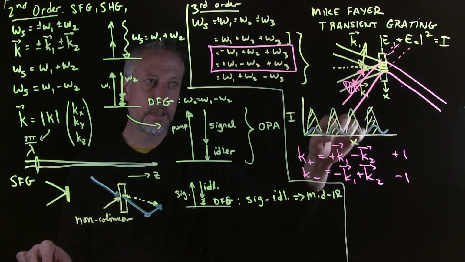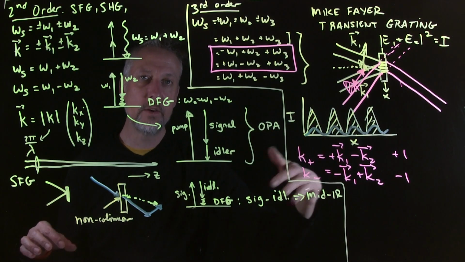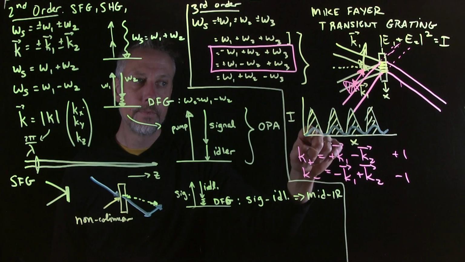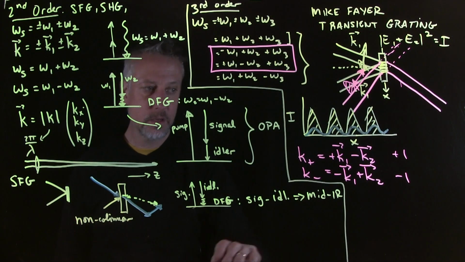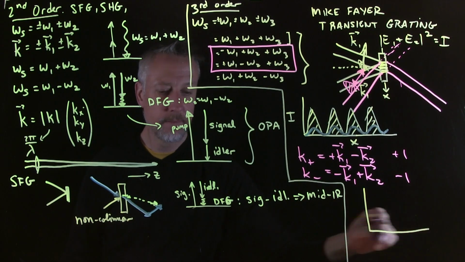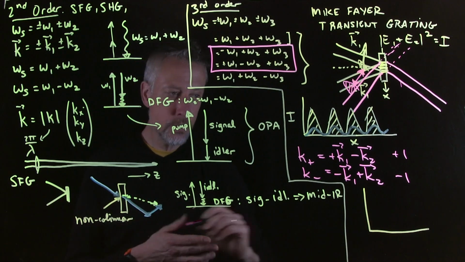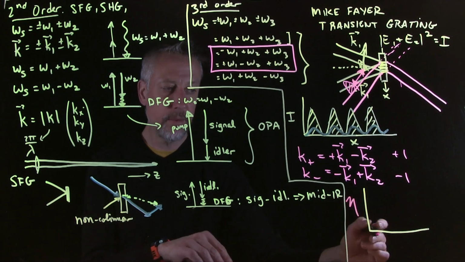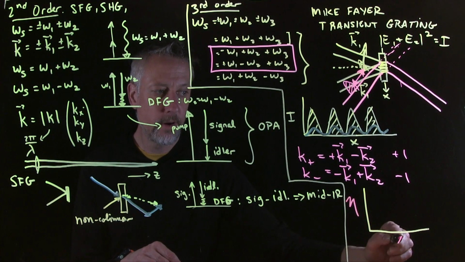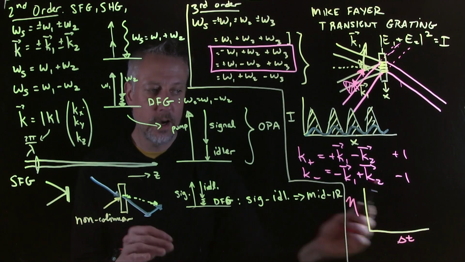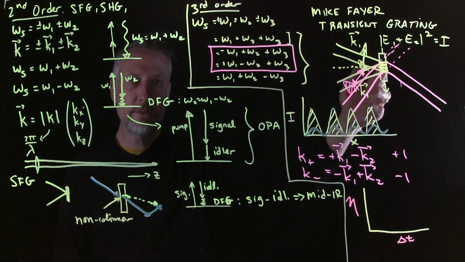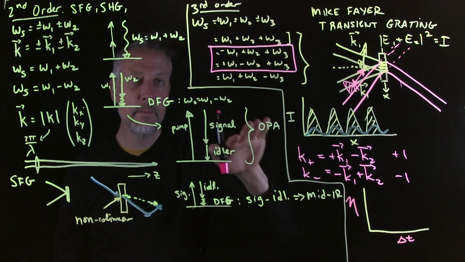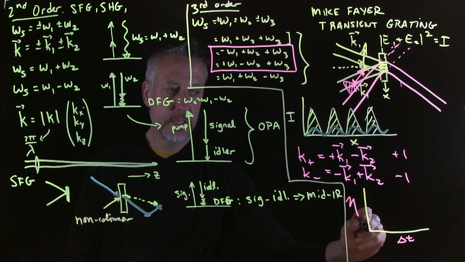And it's the contrast in absorption or refraction between the bright and the dark spots that determines my diffraction efficiency. So if I was just to plot diffraction efficiency, which I might call eta, a common abbreviation for efficiency, as a function of the time delay between my excitation pulses that wrote the diffraction grating and my probe, I will probably see something like this.